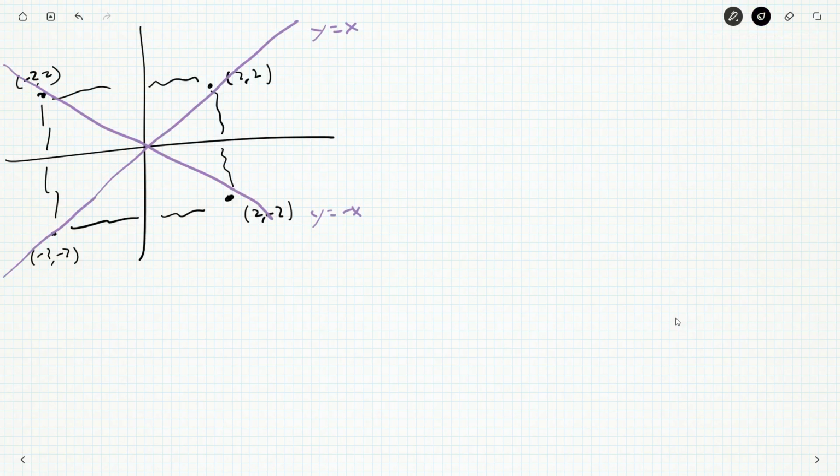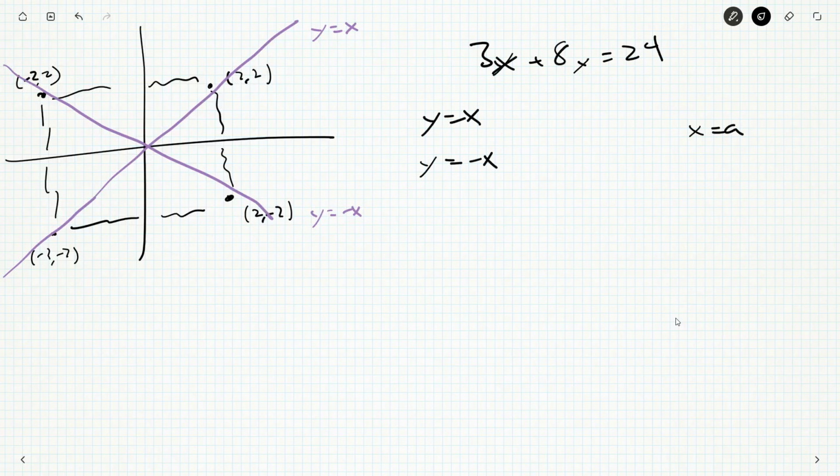And when we realize that, this question turns more into intersection of lines. So we've got 3x plus 8y is 24, and we want to intersect that with y equals x, and we want to intersect that with y equals negative x. And whatever the x coordinate is would be our a.